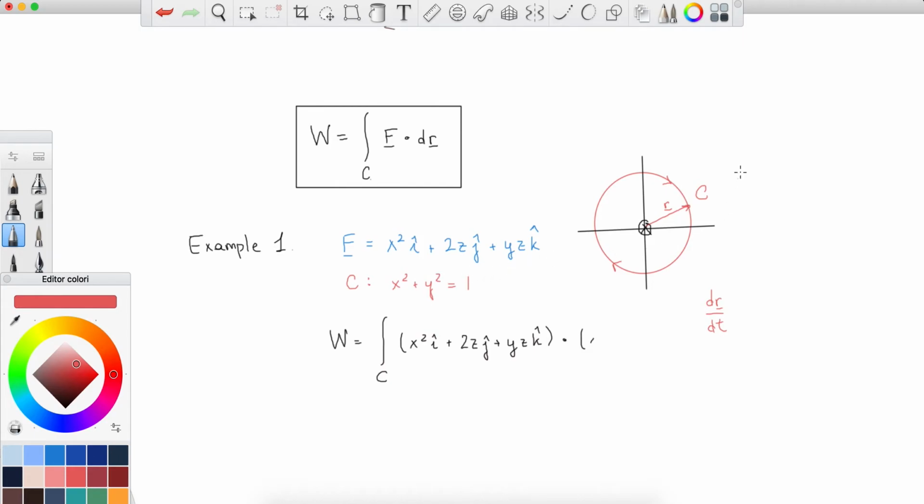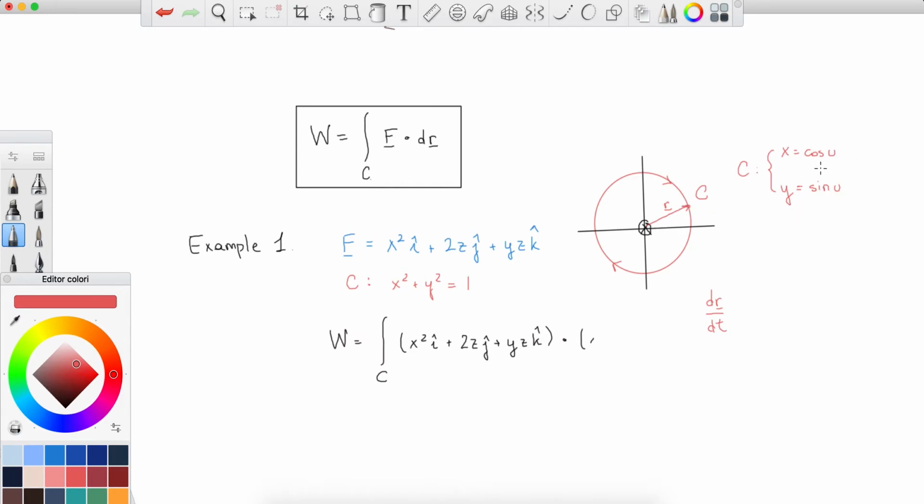For example, C could be defined as the parameterization with x equal to cosine of a variable u, and y being the sine of a variable u. This is the parameterization of a circle of radius 1.